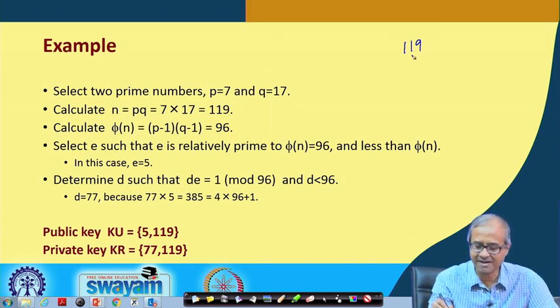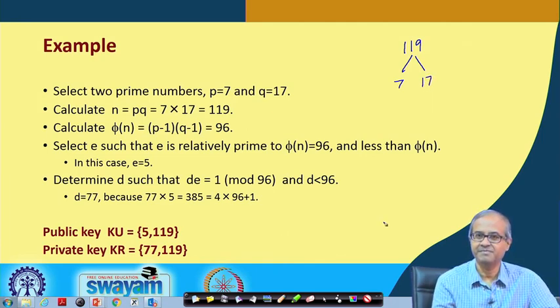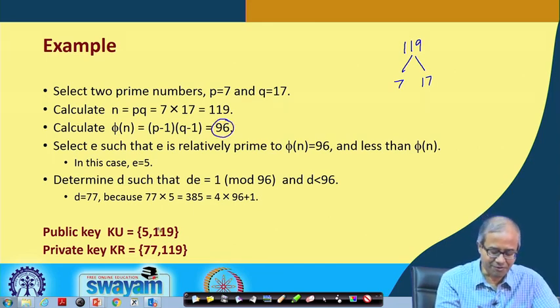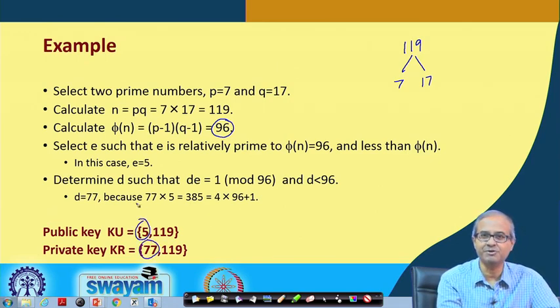If I can factor it out, if I can generate the two factors, then I can also generate the Euler quotient. Then from this 5 I can also generate 77 in the same process, because I know 96. So, once you factor this number n, your RSA is broken.